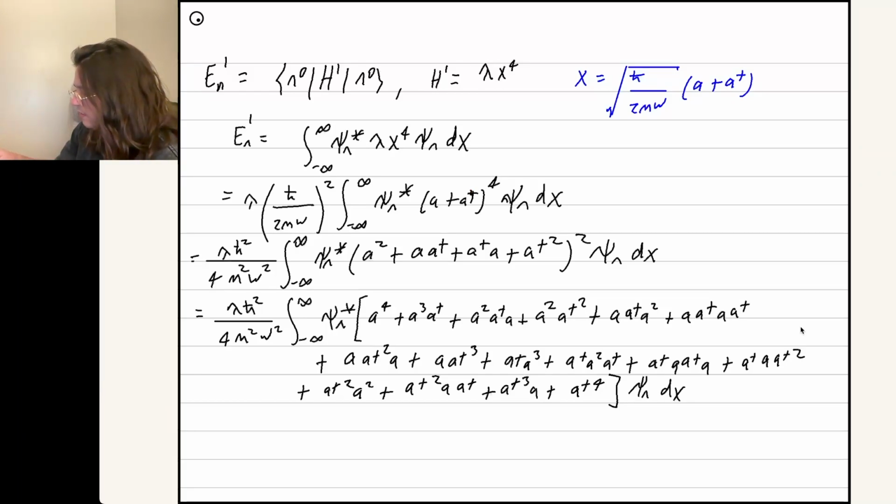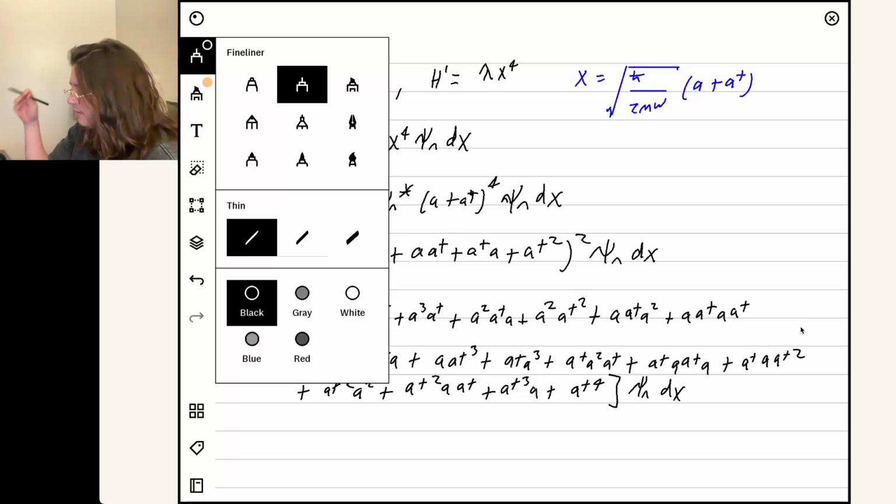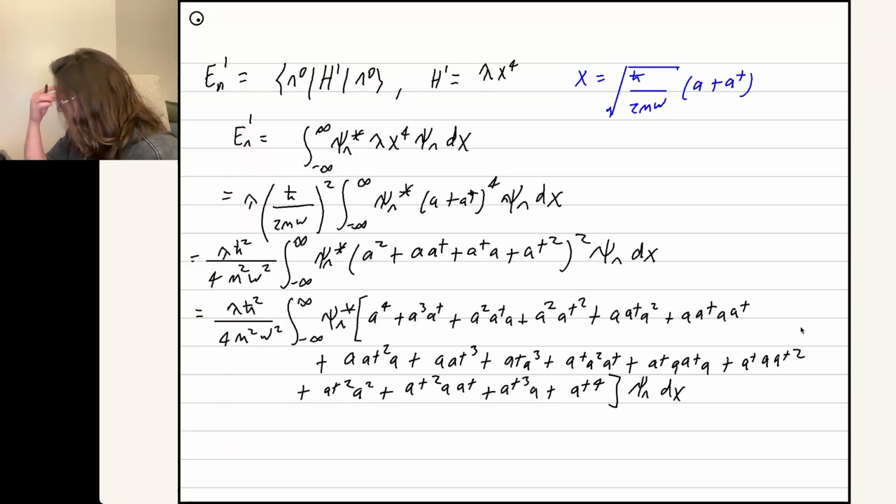So yeah, we have a lot of terms, but I'm going to go ahead and cancel out a bunch of the terms which depend on factors of a and a dagger that aren't equal. So I'm throwing away this thing and this thing and this thing.